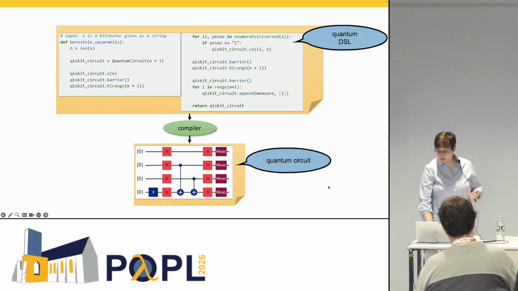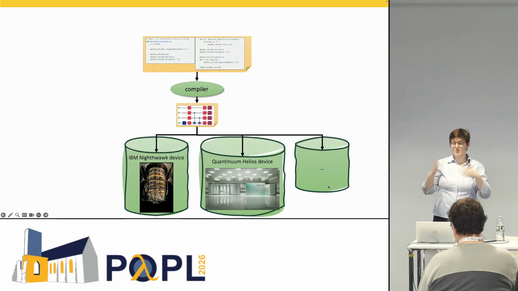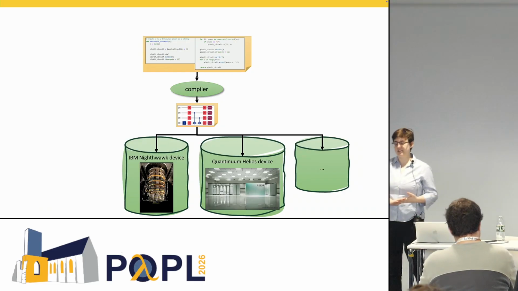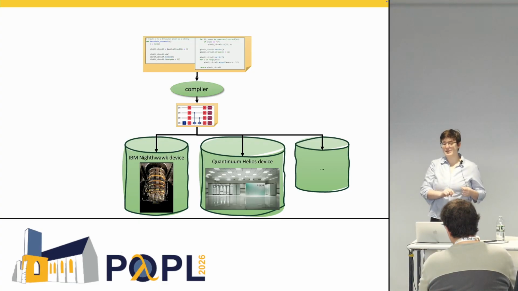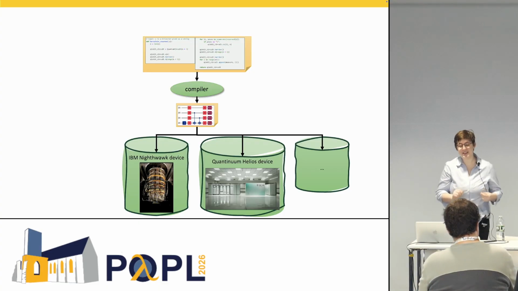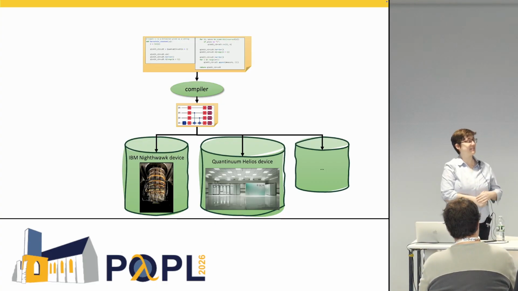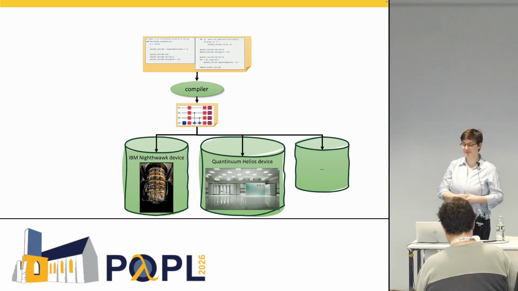So the idea is that these gates correspond to primitives supported by real quantum computers, which do in fact exist. Sometimes we have to clarify. They're not quite useful for real-world applications quite yet, but there's been a lot of really exciting progress in terms of building these machines that we've seen just in the last few years.